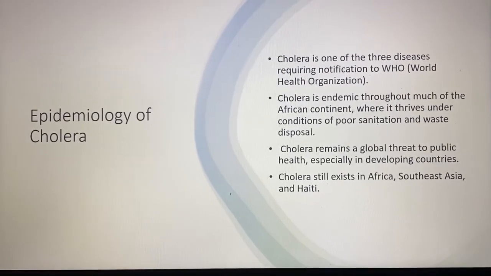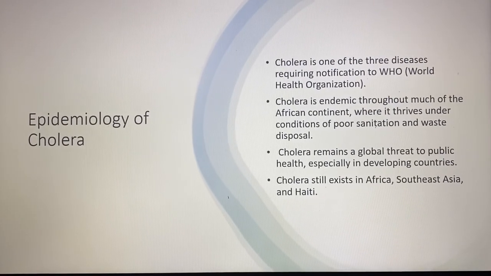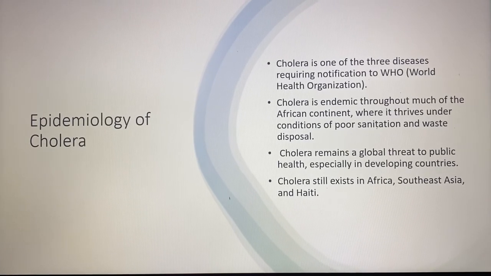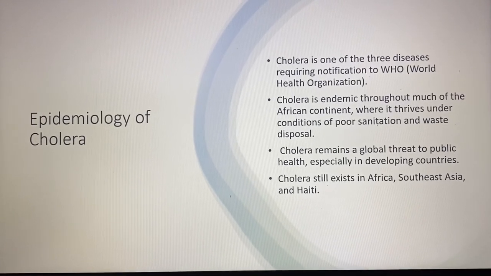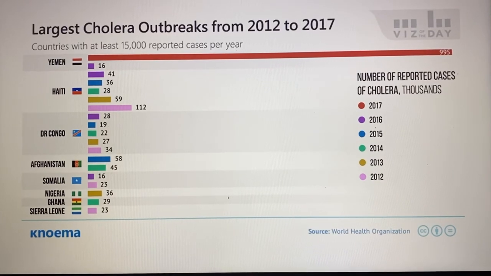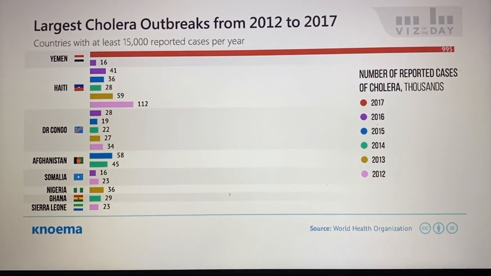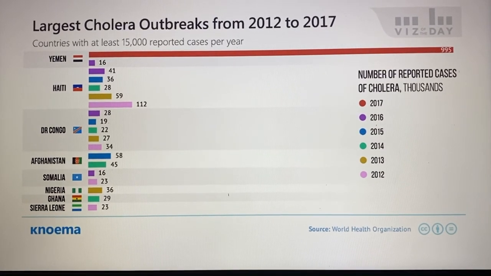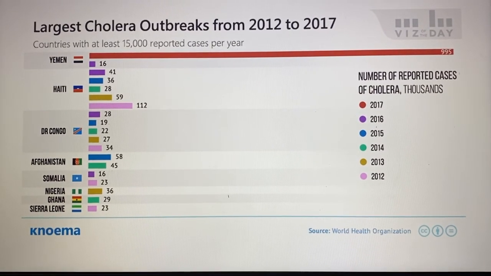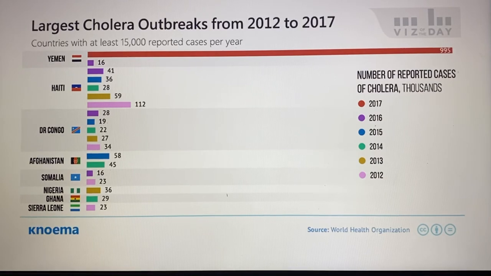So why are they specifically mentioning this part of the continent and this country, Haiti? This is a chart of reported cases from 2012 to 2017. As you can see, the majority of the countries are from the continent of Africa. Most of them, basically.